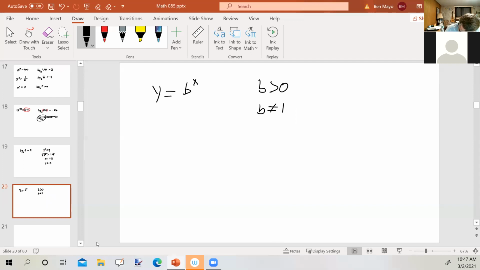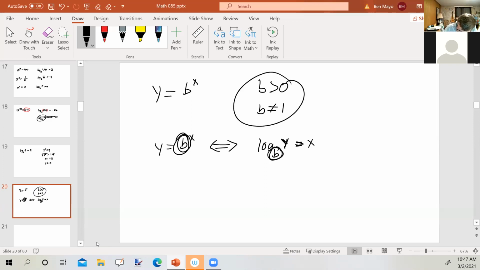Well, if I take this exponential equation and convert it into a logarithmic equation, it becomes log base b of y equals x. Now, this b is the same as that b. So if this b has these restrictions, so does that b, which means that b can't equal 1 and b has to be positive.